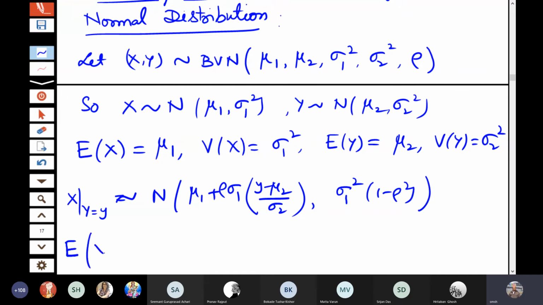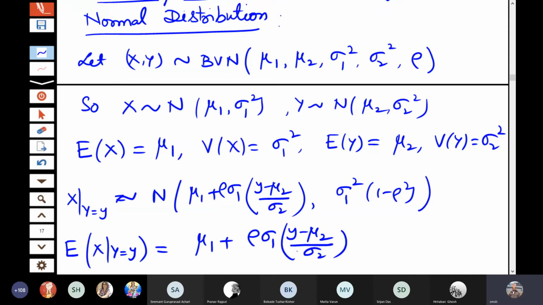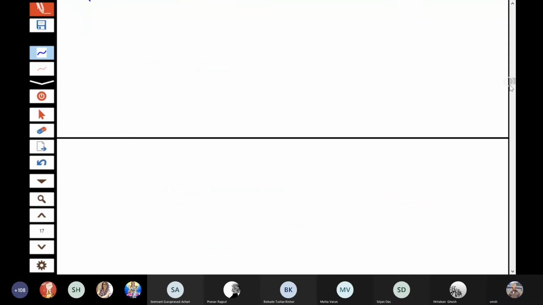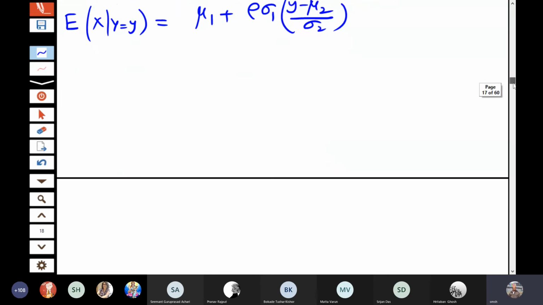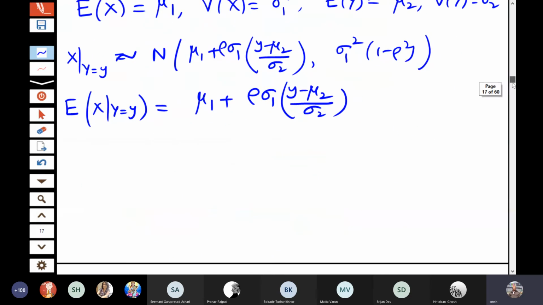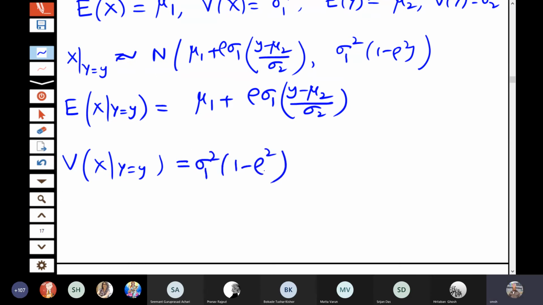Then expectation of X given Y is mu1 plus rho sigma 1 (y minus mu2) by sigma 2, and variance of X given Y is equal to sigma 1 square (1 minus rho square).